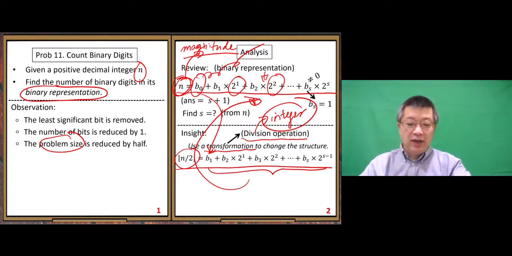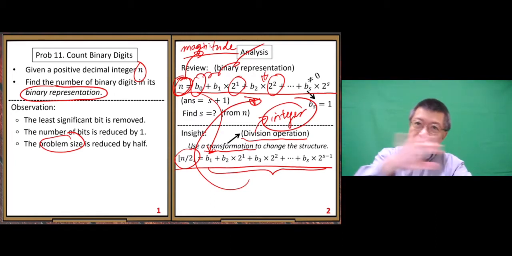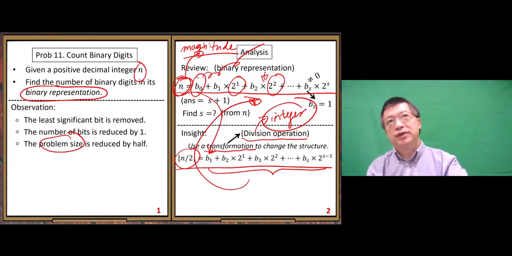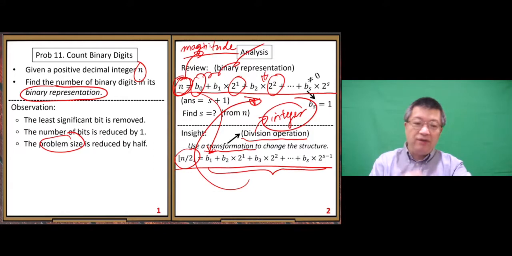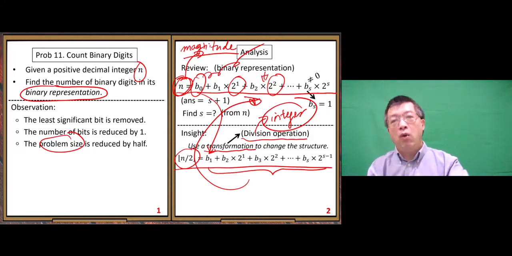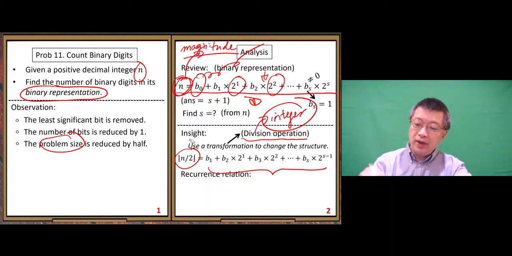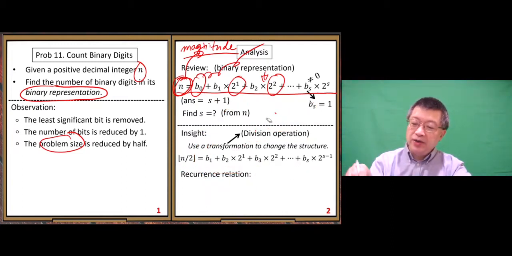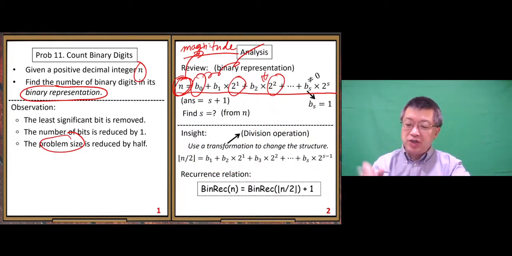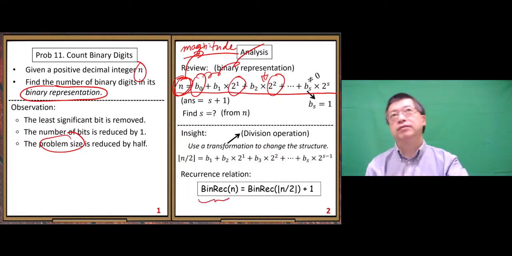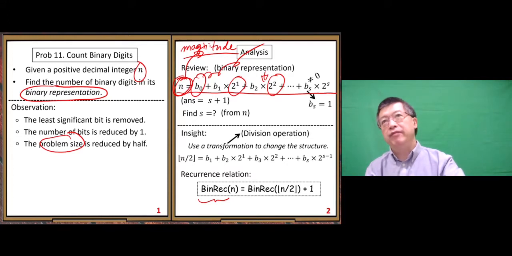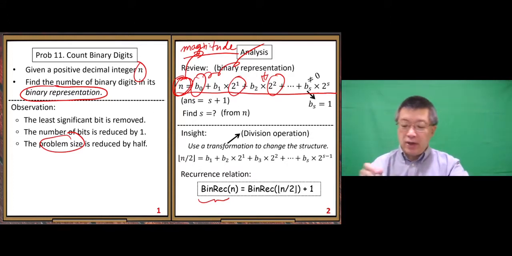So from all these observations, we can derive an important recurrence relation. In our recurrence relation, we use a special function, bin rec of n. Just give it a name, that gives us the meaning.